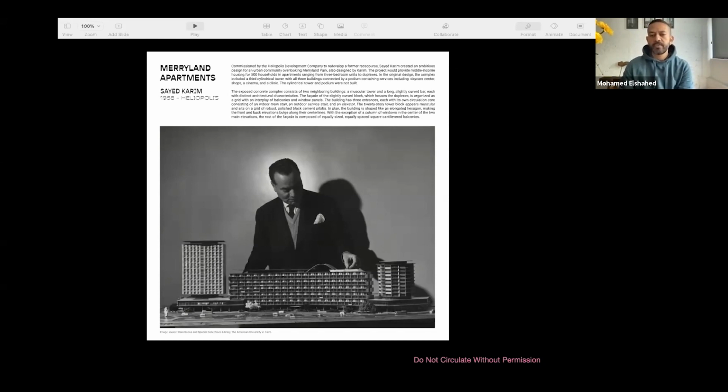This is not the first time this sort of thing has happened in Egypt. I had just recently mentioned on one of the Instagram posts Max Herz Pasha. This was the Jewish Austro-Hungarian architect who, since 1881, was basically in charge of the documentation, preservation, and listing of ancient Arab, Islamic architecture.